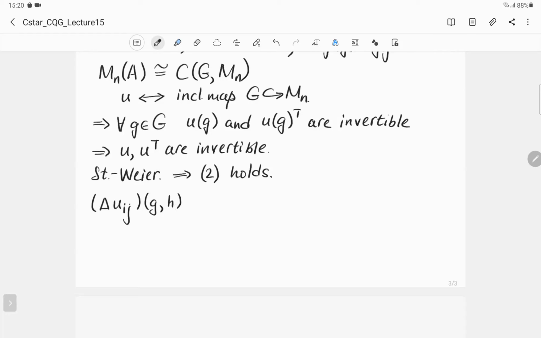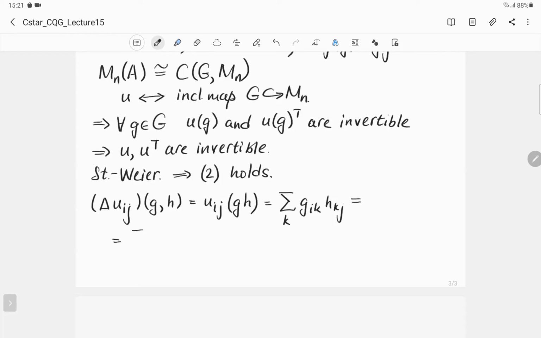And it follows from the definition of the co-multiplication that this is just Uij evaluated at the product gh. Well, this is just the ijth entry of the product of two matrices. So by the well-known rule of matrix multiplication, this is the sum over k of gik hkj.